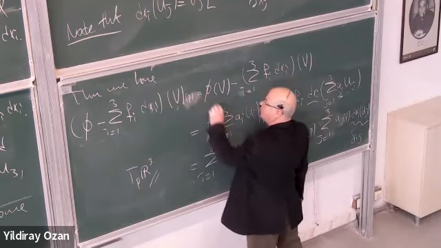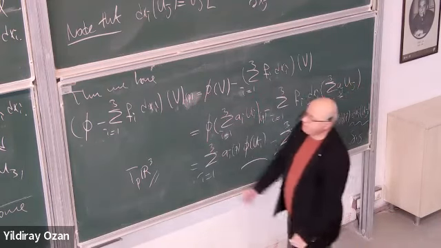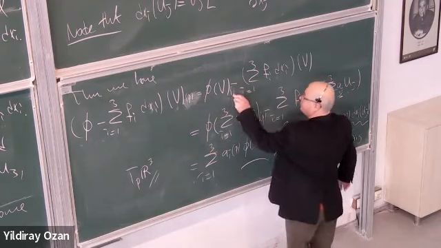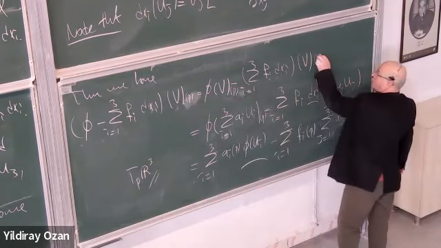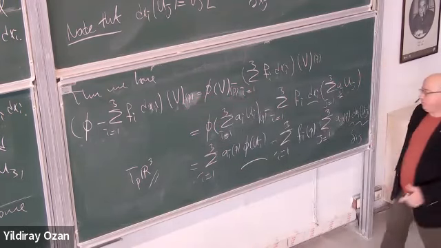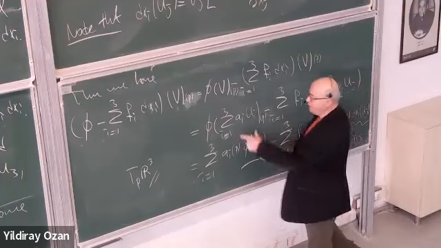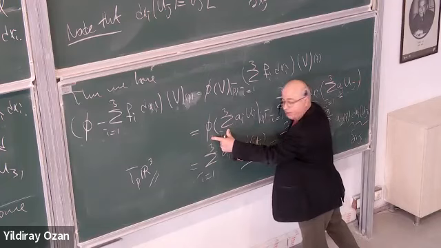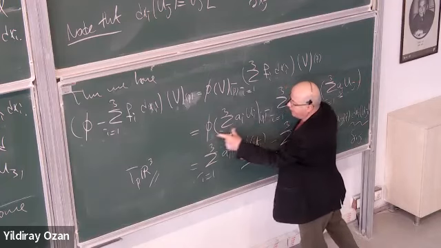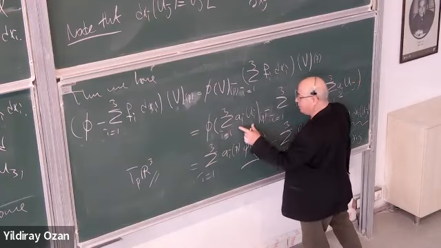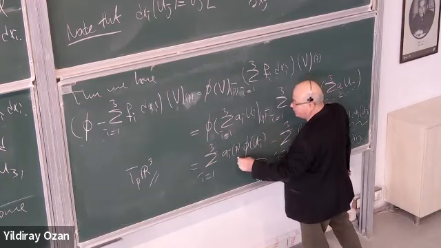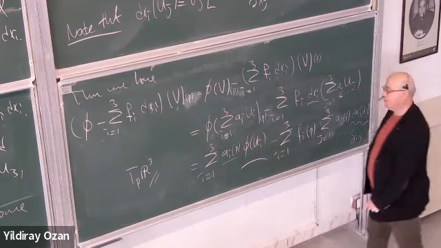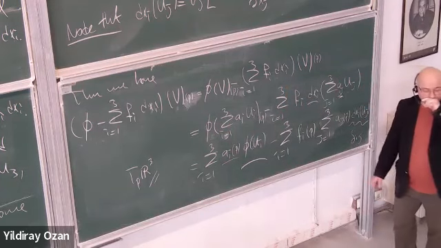I compute this. This is a function actually. At any point P, I compute everything at the point P. At the point P, this is a tangent vector, and this is a linear transformation on that tangent space. So I can take these constants out. Phi eats these gadgets, and so on.